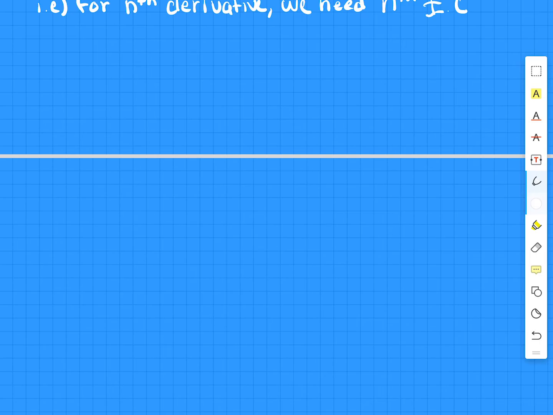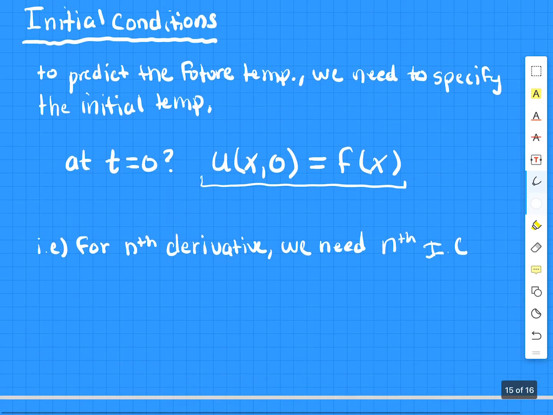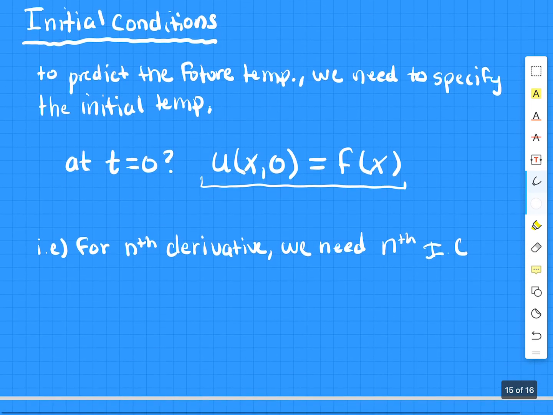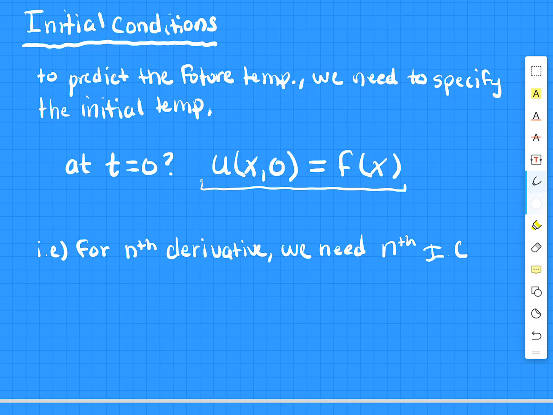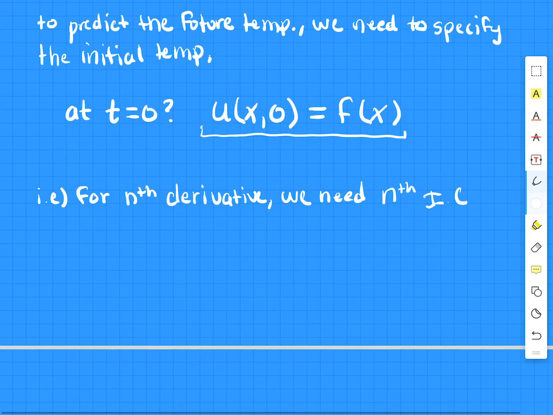Now, with that said, that does bring up an interesting question. Is the initial condition enough to predict the future temperature? I mean, we've stated that it should be enough, but how do we know? Just because we have it here, how can we be sure that we don't need other initial conditions?